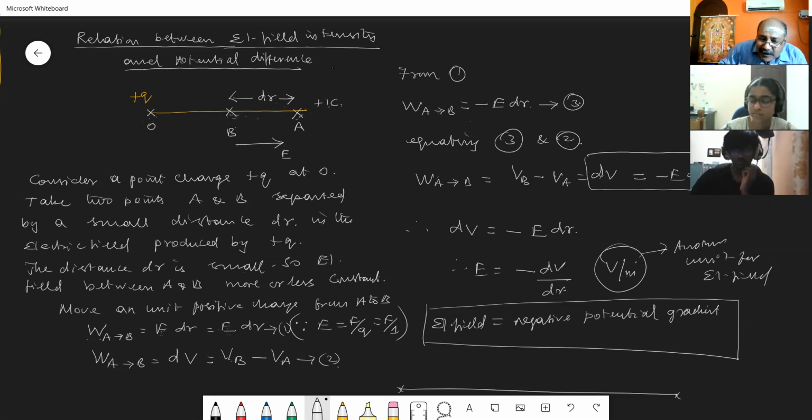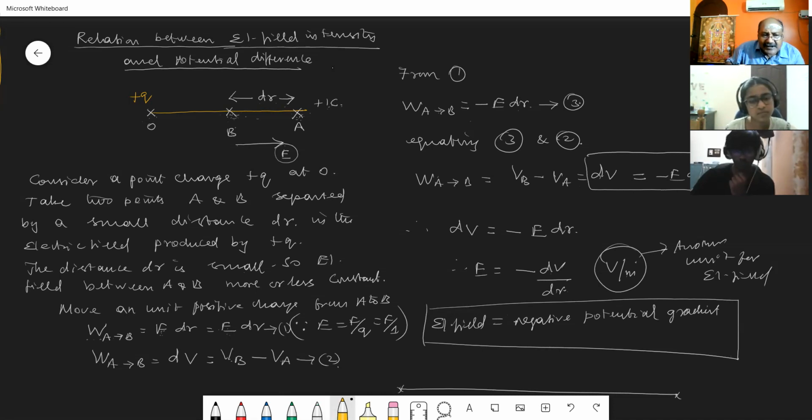For moving this unit positive charge from A to B, I have to do work against the electrical field. Since A and B are very close to each other, or the distance between them is taken to be very small, the electrical field between A and B is taken to be constant. Now, I have to calculate the work done in taking the unit positive charge from A to B. So, I have written it here.